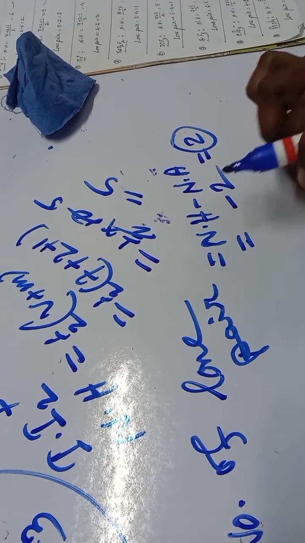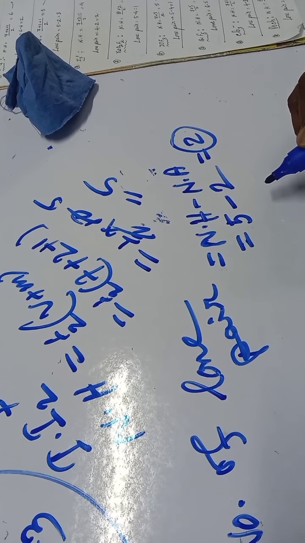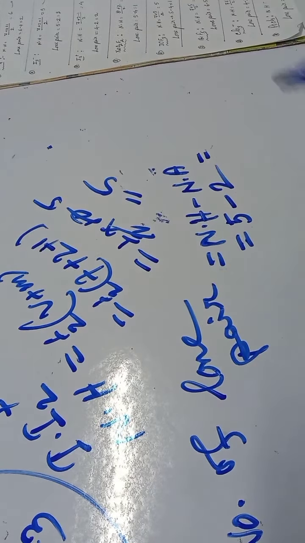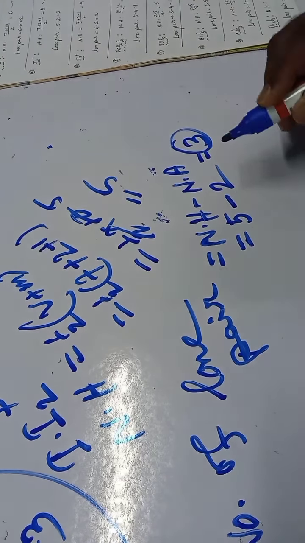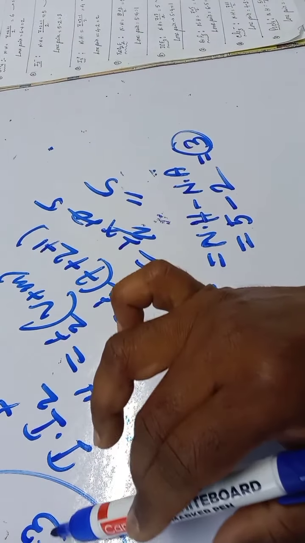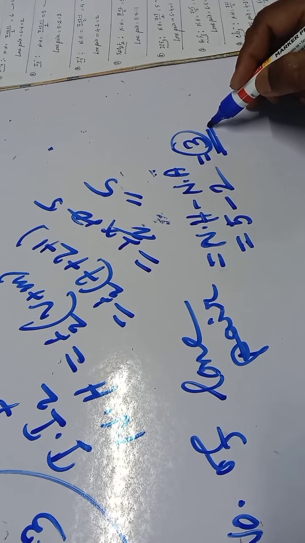So 5 minus 2 equal to 3. But the number of lone pair changes. I3 minus, lone pair 3.